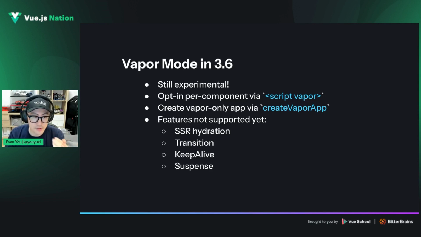Alternatively, if you start a brand new project with Vue 3.6, you can create your root app with createVaporApp, which will create an application instance which assumes to be Vapor only. So apps created this way don't pull in any code from the virtual DOM renderer, the virtual DOM runtime. So it will result in a much smaller bundle size.